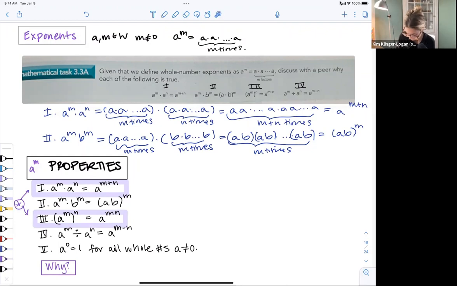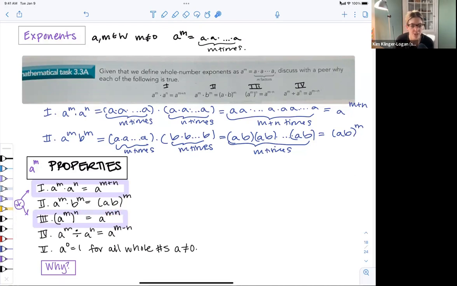Here I have the base repeated, so this is A to the M times A to the N. Here on the left, I have A to the M raised to a power again. When I have these 2 things multiplied, my main operation is multiplication, so I add the exponents. When my last operation is another power, raising this to the Nth power, then I multiply those exponents.